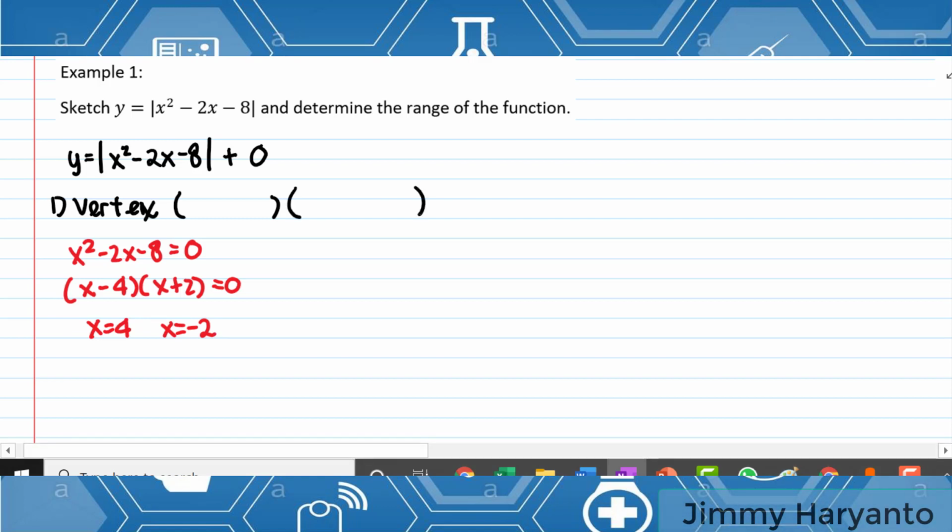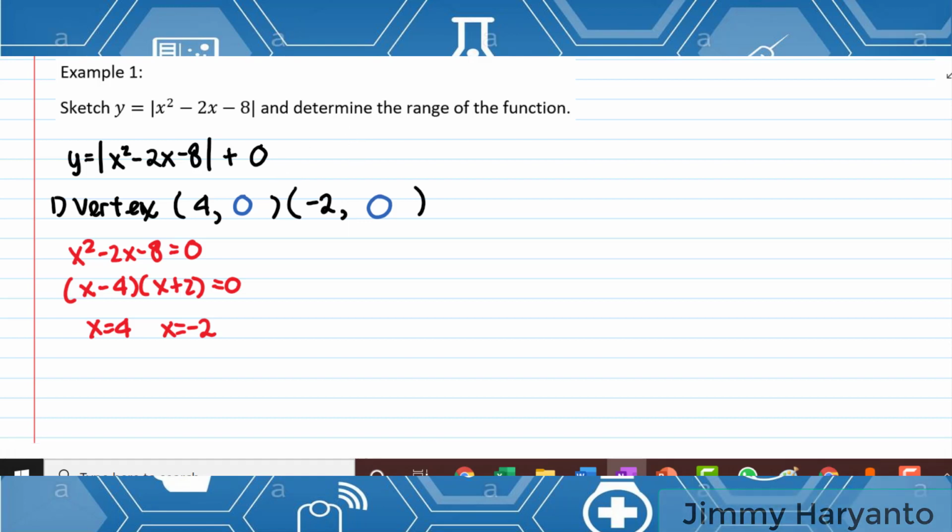Because we have two values of x, the vertex will be 2 points also. The first is 4 and the second is negative 2. For yv, it is the constant, so it will be 0 and 0. So we have the vertices (4, 0) and (negative 2, 0).